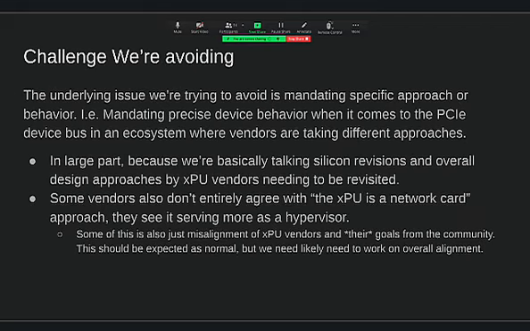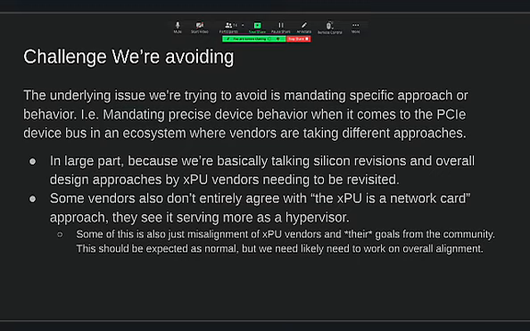To talk about the challenge, we're trying to avoid mandating a specific approach or behavior. What I mean by this is, if we mandate explicit PCIe device bus behavior in this device ecosystem we have today, where vendors are already taking a different approach, we're not going to be some people's favorite project.